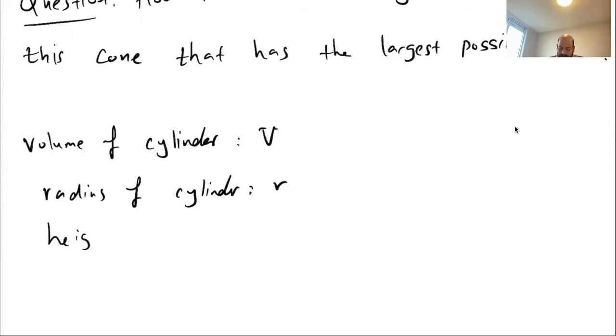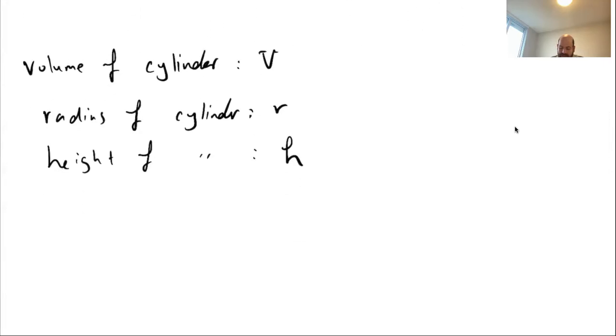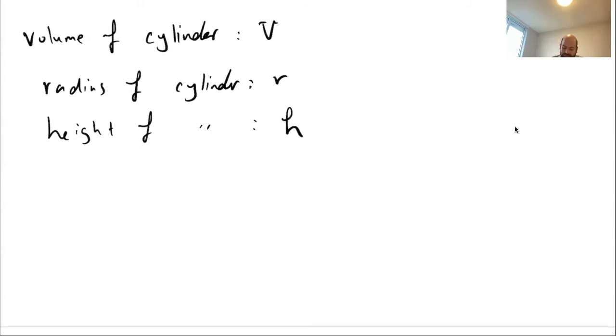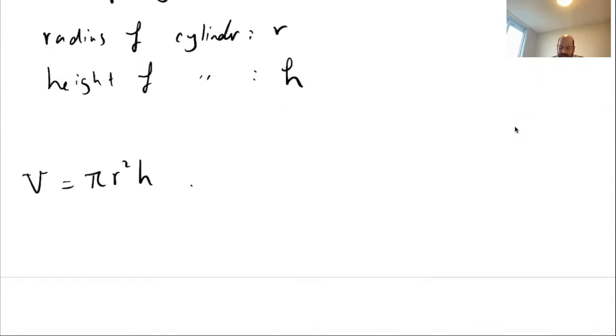The height of the cylinder, let's denote it small h. Now the volume of the cylinder is pi r squared h. Now this is volume in terms of two quantities.